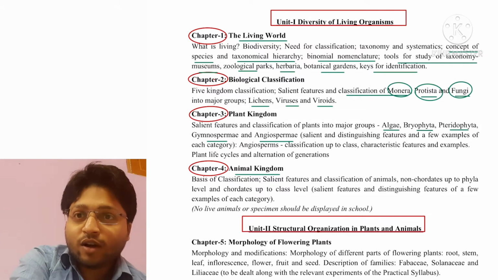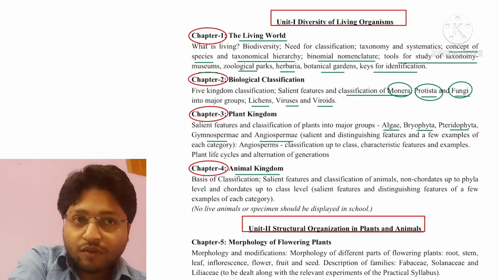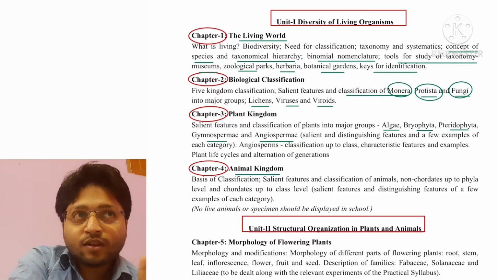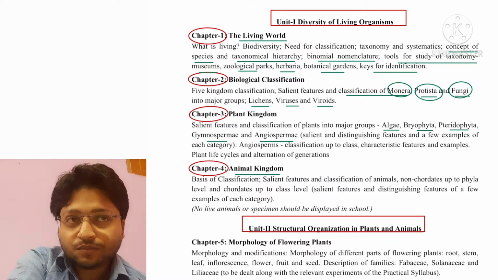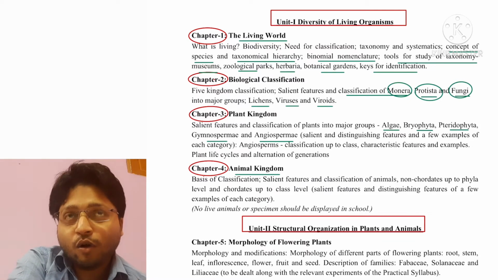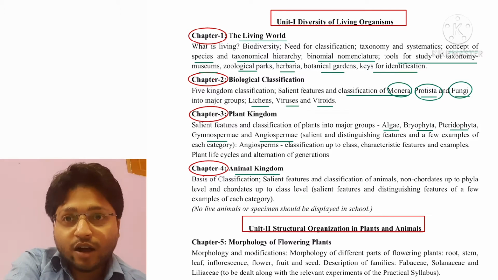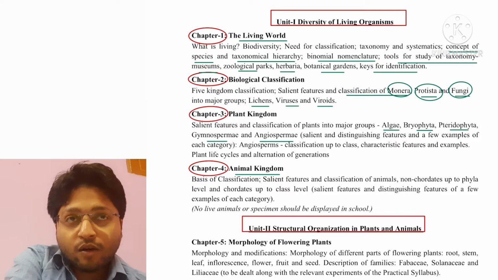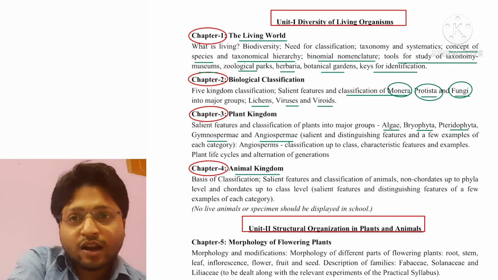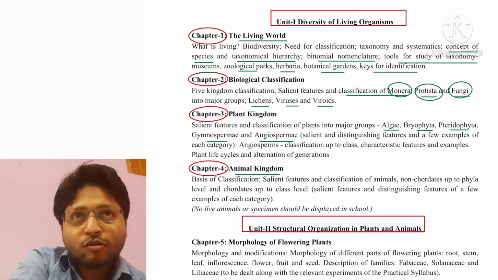Okay, non-chordates means from phylum Porifera to phylum Echinodermata, and the chordates include from Hemichordata to Vertebrata. So in the 4th chapter you will learn all the salient features and some functional aspects about all these animals.